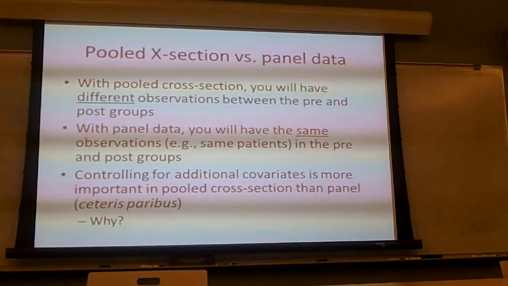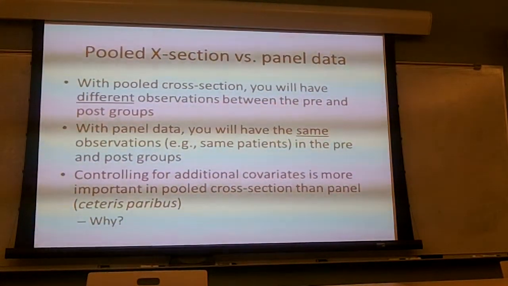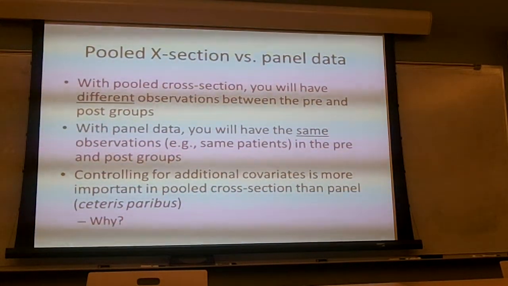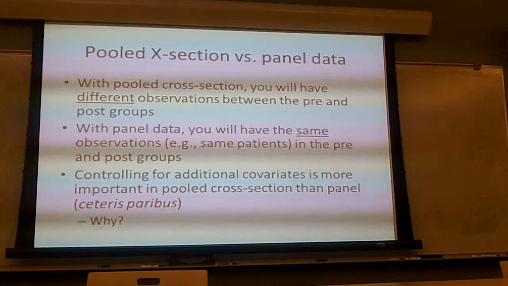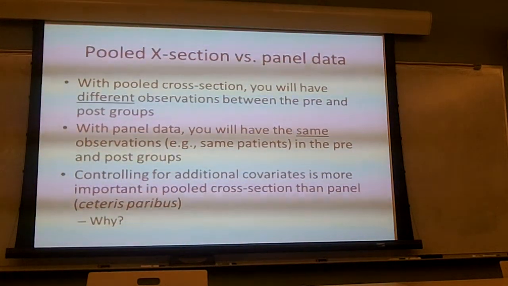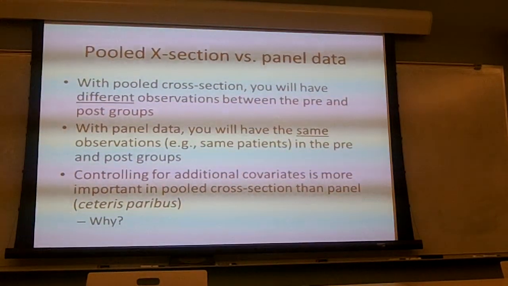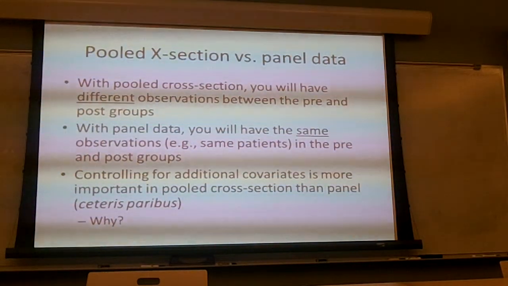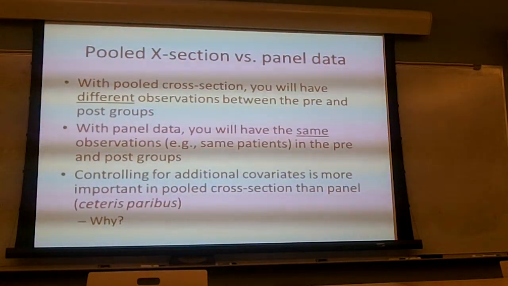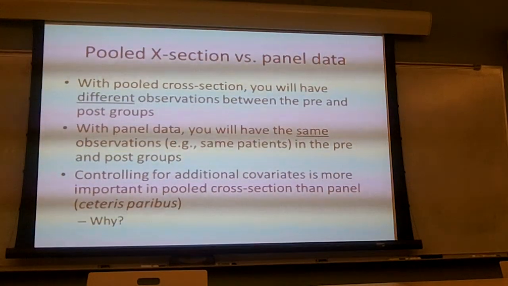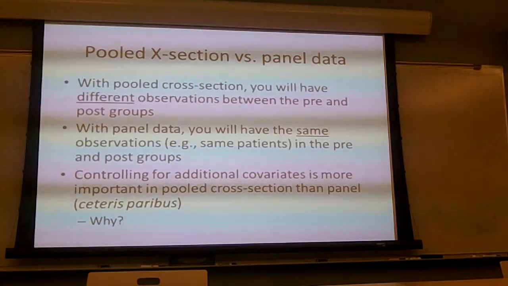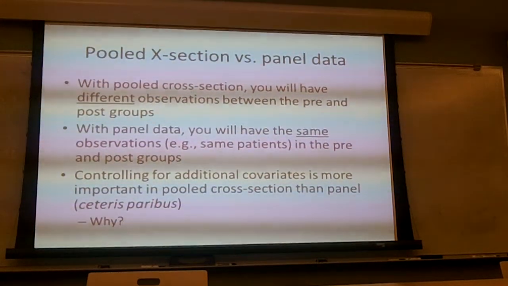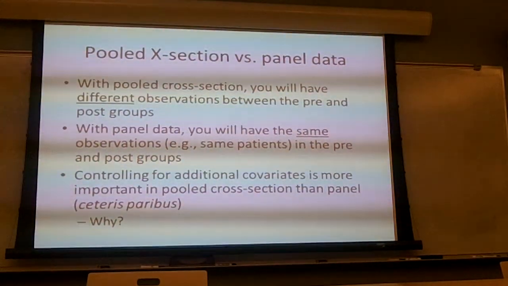And so I made this reference to pooled versus cross-sectional data. It's important to remember that with pooled cross-section, you may have different observations in the pre and the post. Panel, you have the same people pre and post. Controlling for additional covariates is more important in pooled cross-section than it is in panel data, right? Because if they're the same people, all their time invariant stuff didn't change.